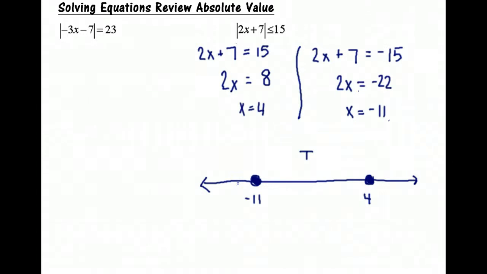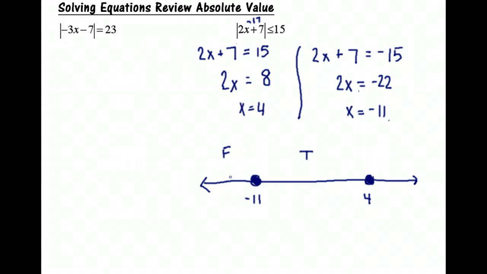Now, just to show you, take any point less than negative 11, let's say negative 12. Negative 12 would give me negative 24. Negative 24 plus 7 would be negative 17, and the absolute value will make it positive, and positive 17 is not less than 15, so therefore we are false.